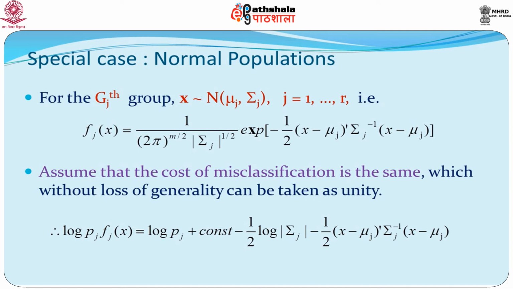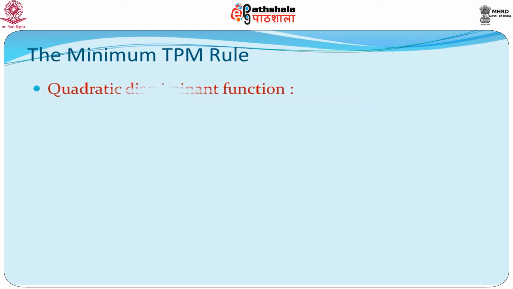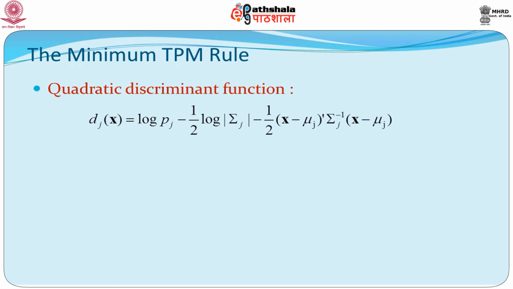We can write this as log p_j plus a constant, minus half log sigma_j, minus half (x minus mu_j)' sigma_j inverse (x minus mu_j). For the minimum TPM rule, d_j(x) is log p_j minus half log sigma_j minus half (x minus mu_j)' sigma_j inverse (x minus mu_j). We have discarded the constant term because it does not come into the rule; it cancels out.